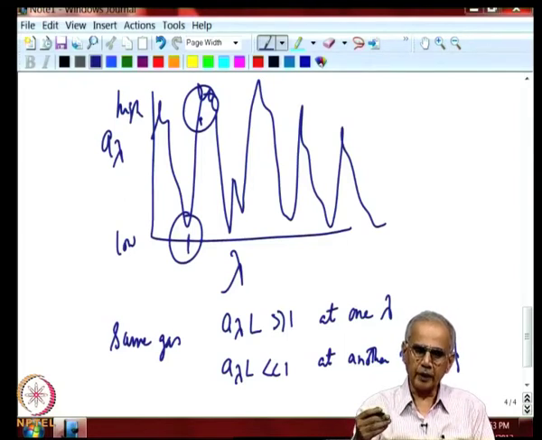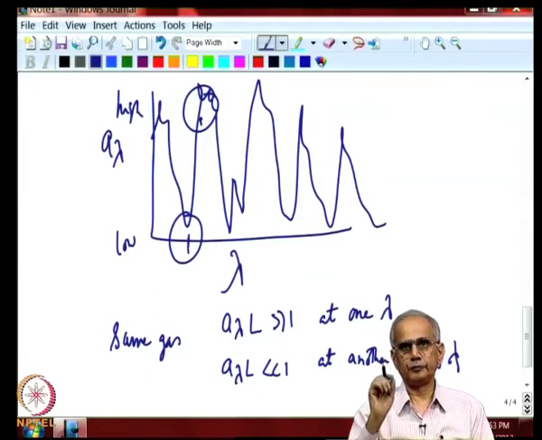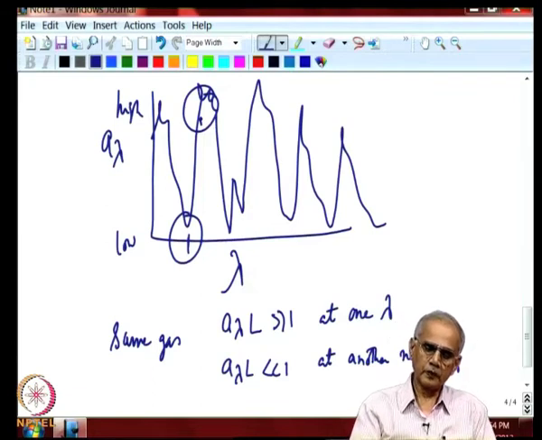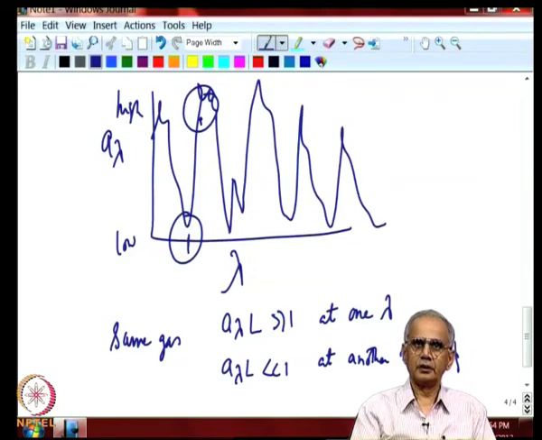So, if you want to make any approximation such as the thick or the thin limit, you got to be very, very careful, because in examples in engineering, there are very few situations in which you can really apply one of the two limits.